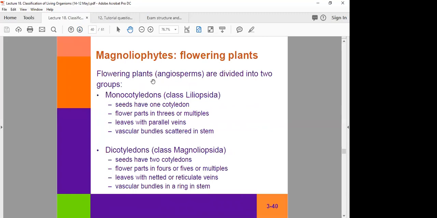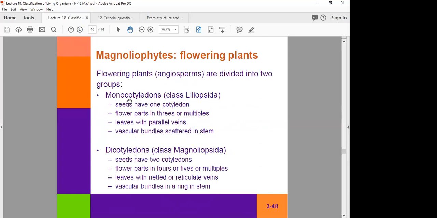All right, the angiosperms, our flowering plants, are further divided into 2 groups. Class Liliopsida, which are the monocotyledons, or monocots for short, and class Magnoliopsida, otherwise referred to as the dicotyledons or simply dicots. And you might remember we mentioned the dicots also in a previous lecture.